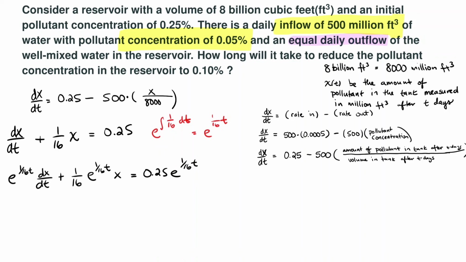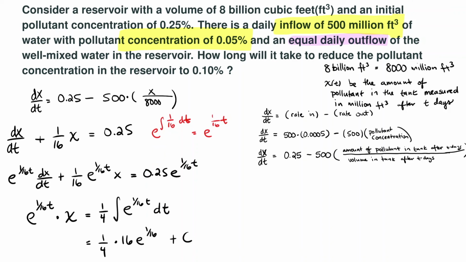We see the left side is our characteristic result of the product rule. So when we integrate both sides, the left side just becomes the original function multiplication that we were taking the derivative of, and the right side is something we can easily integrate. And we know this integral is 16e to the 1/16 t plus our constant of integration.